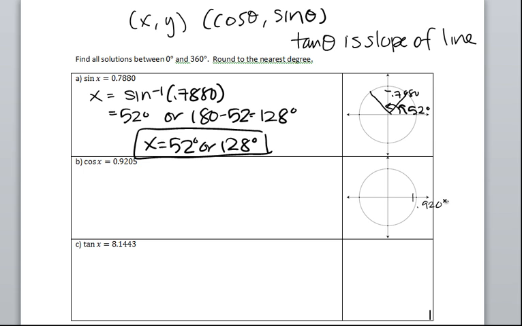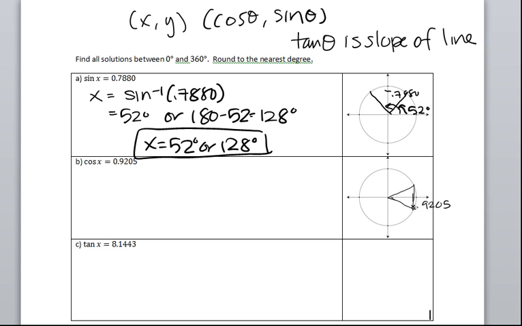I need to go out to my unit circle, and I'm trying to find this angle here, measured from 0, because that angle has a cosine that is 0.9205, and I'm also going to have another angle here in quadrant 4 that has that same trig ratio of 0.9205.